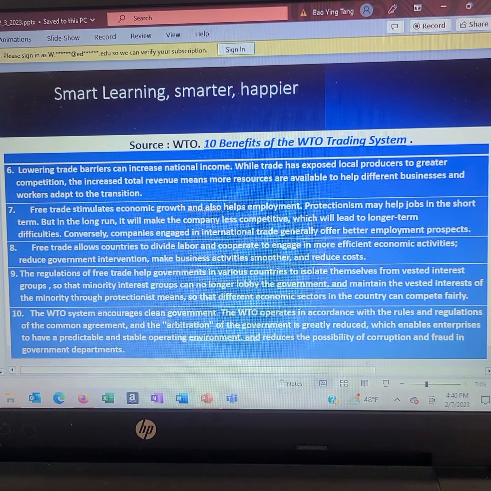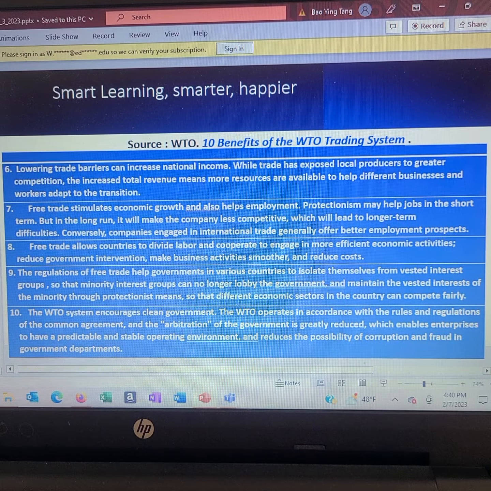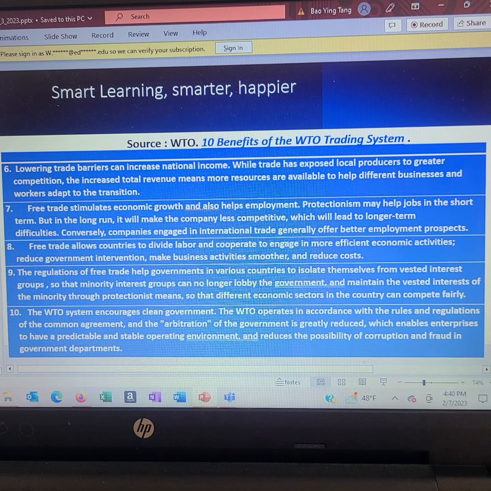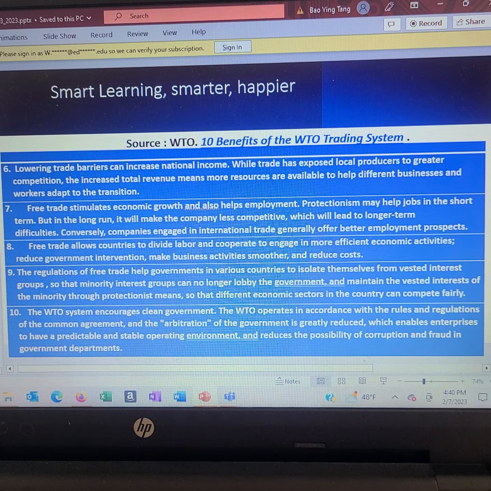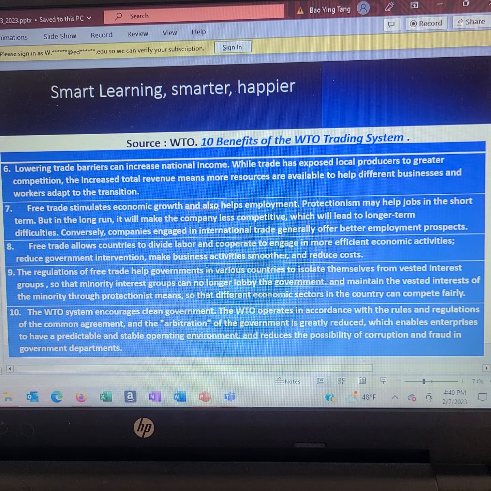Sixth, lowering trade barriers can increase national income, while trade has exposed local producers to greater competition. The increased total revenue means more resources are available to help different businesses and workers adapt to the transition.